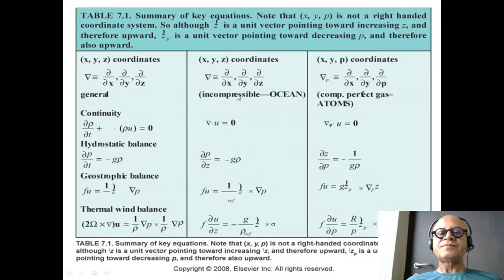For the ocean, incompressible ocean, we still remain in the XYZ coordinate. Continuity reduces to non-divergence, okay, and the hydrostatic balance reduces to dp/dz equals minus rho g, the same. The geostrophic balance, you know what that is.